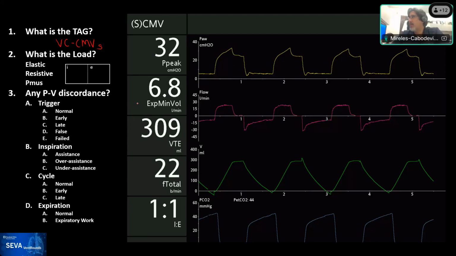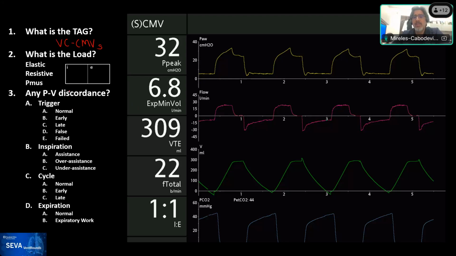It's really important to recognize what the ventilator is doing. That's how we get a lot of interactions where we say, "Ooh, this ventilator is doing something that we didn't expect." So it's like retroactive engineering to figure out what the ventilator is doing from the waveforms that we see from patient interactions. So now the question for the team is, what is the load?